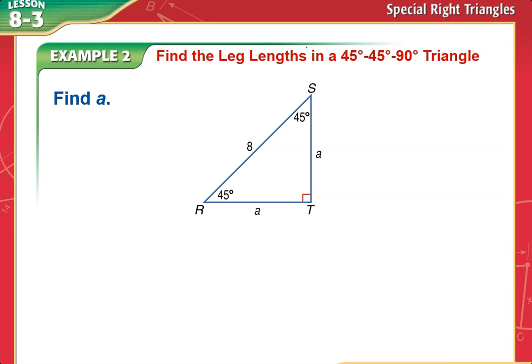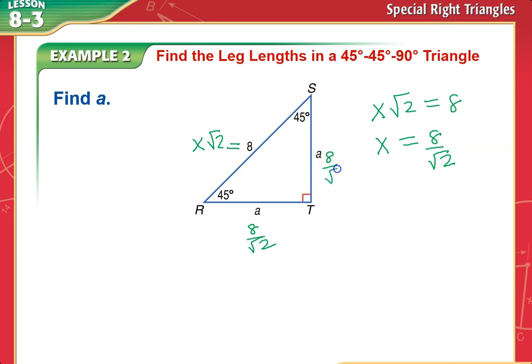Okay, here we're going to find the side lengths. Now, what we know is that this 8 is made up of x times root 2. So if we take that equation, x times root 2, and set that equal to 8, we can divide both sides by root 2, and you get 8 over root 2 as the value of, in this case they're calling it a, so this side is 8 over root 2.